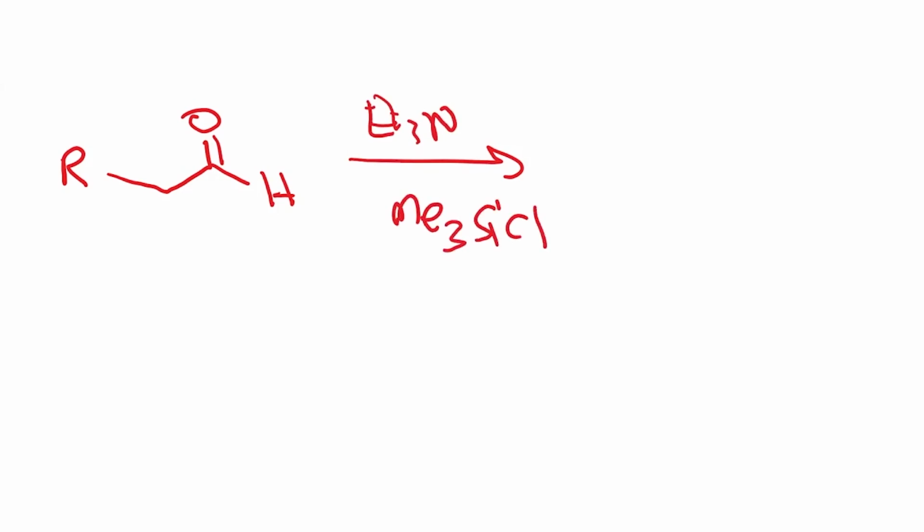Okay, and so then the product that is generated is ROTMS, and this is quite stable. I mean, you could isolate these compounds and then react this. So the example that I'm going to give you is a cross condensation reaction that's going to make it obvious as to why we would need to use this.